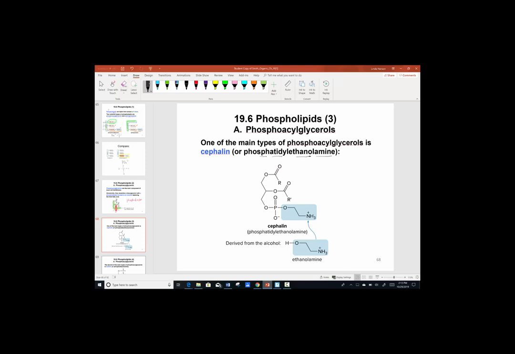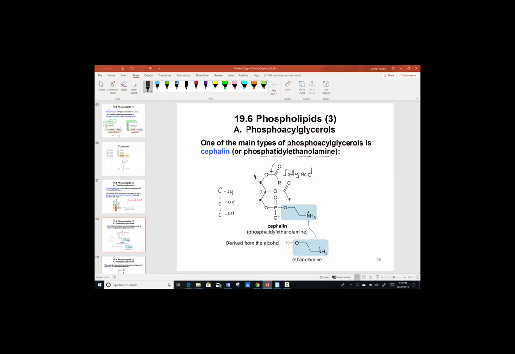When I look at this particular structure, I can see that this is a phosphoacylglycerol, so we have the glycerol backbone. There's the original glycerol that was the 3-carbon chain. Glycerol has those 3 alcohol units. In place, I'll call this position 1, we have an ester linkage leading to a fatty acid.